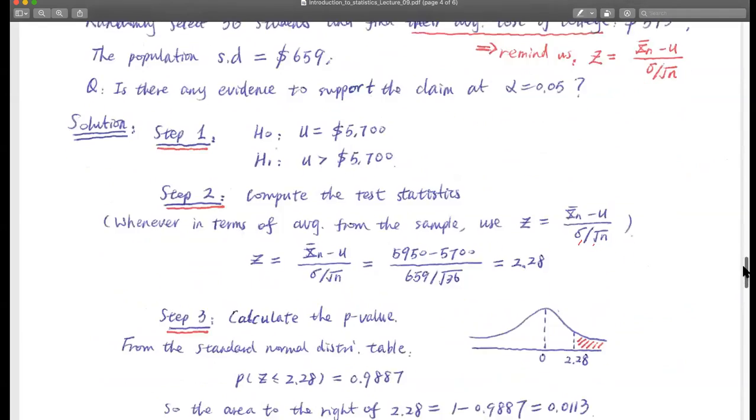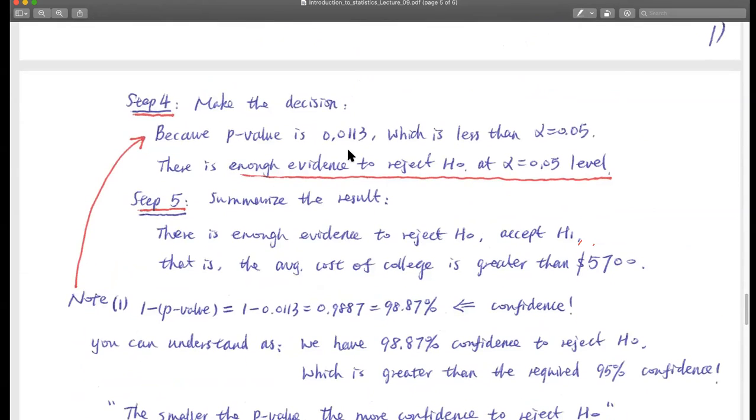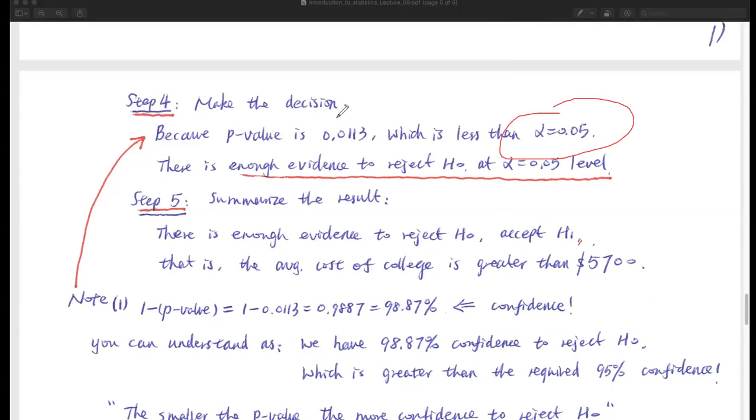So now we compare this p-value of 1.13% with the alpha we got. Alpha is 5%, p-value is 1.13%. The p-value is smaller than alpha. What do we say? Okay, this is the tricky part, everybody. In the beginning, it's not that intuitively understandable. So if you find that the p-value is less than alpha, what do we say?